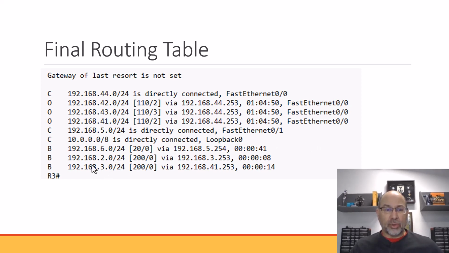These other two, the 2 and the 3, were sourced from or propagated by an internal peer. That means iBGP, and the admin distance for iBGP is much higher, 200. So the externally learned routes are much preferred in BGP, and the internal routes are not.